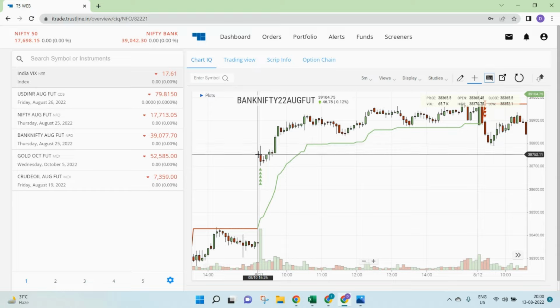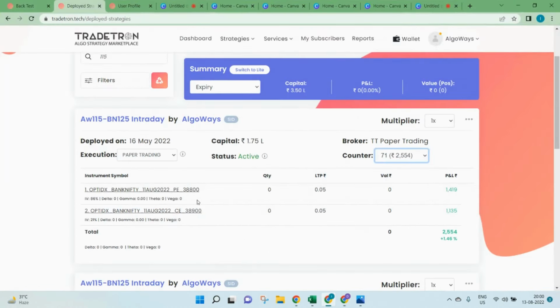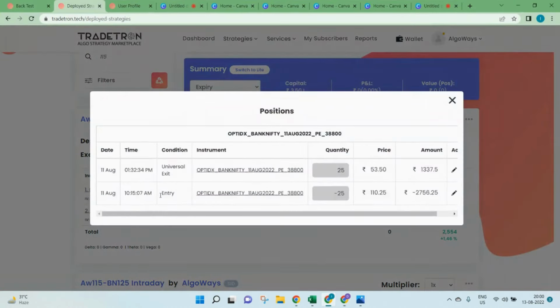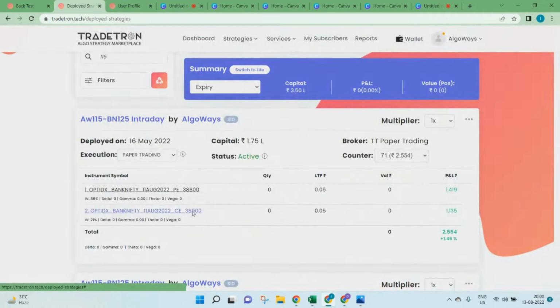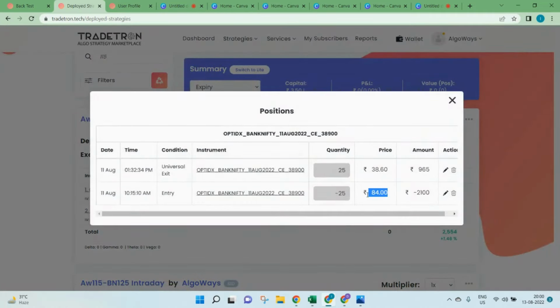So the strategy would not have sold at 9:15. Let me see what time it sold. It sold at 10:15, at a 110 premium. This was the expiry day of PE, I think, because it was bullish, and the CE definitely would have sold lower, at 84 rupees.